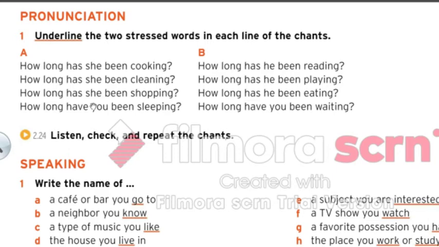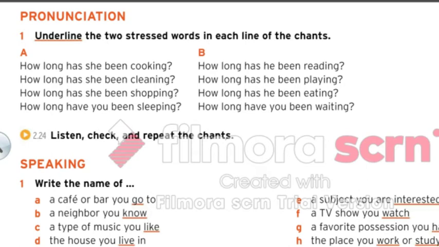Okay, so do it, and when you finish, I'm gonna play the audio so that you can check. All right, here goes the audio. Very important, you're gonna check and also please repeat the chants. Remember that as evidence, you're gonna have to record yourself singing these chants. So here it goes. Track 24.